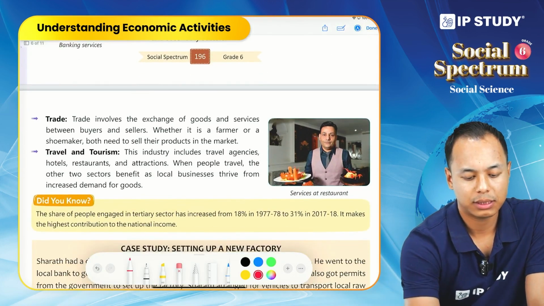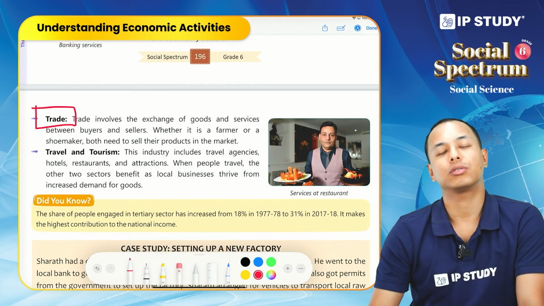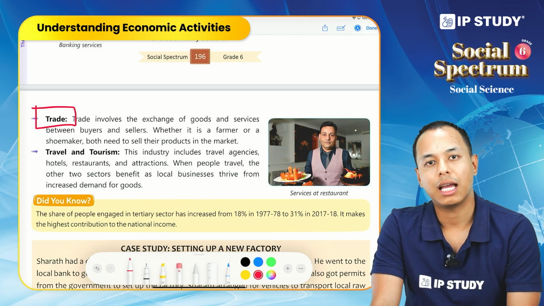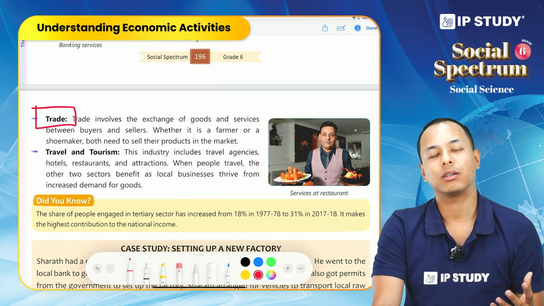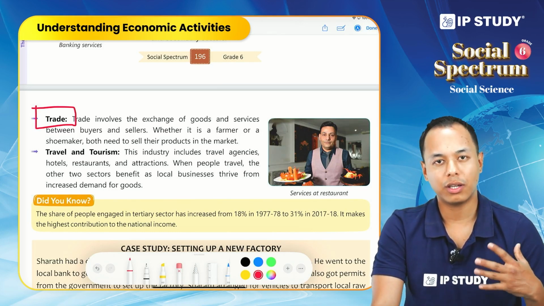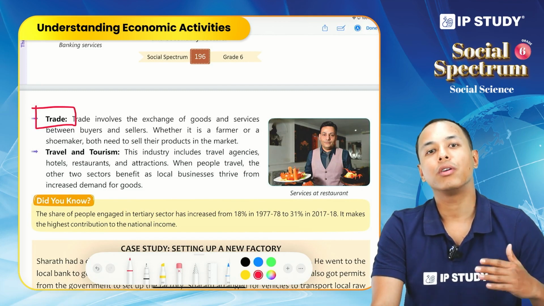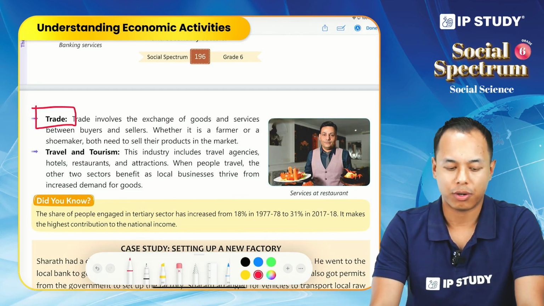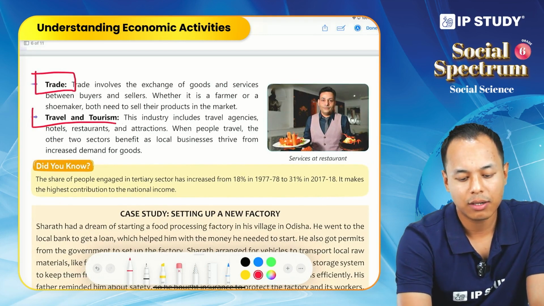Now comes trade. What does trade mean? Trade involves the exchange of goods and services between buyers and sellers. This service is very important because if we grow crops, we have to make sure that we also sell them, so the service of traders is very important. Lastly, travel and tourism.